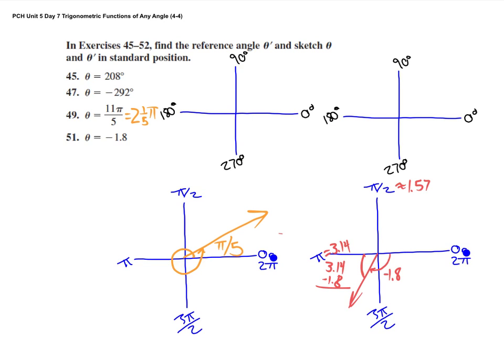That'll give you 1.34 radians. And this is radians. Lots of cool stuff you can do with these reference angles. Lots of application here.